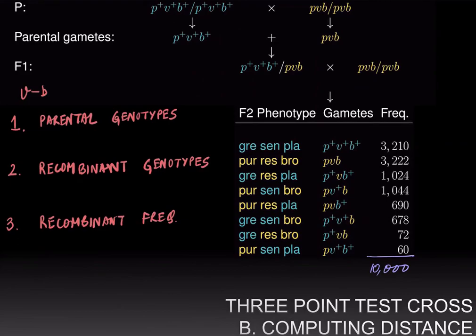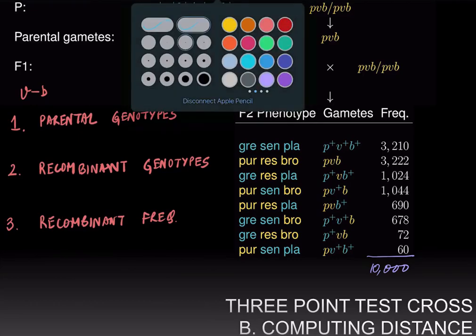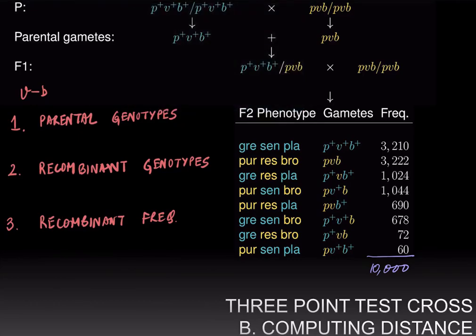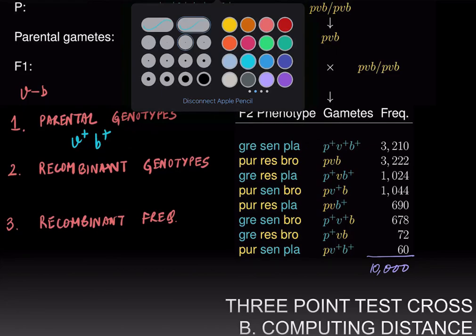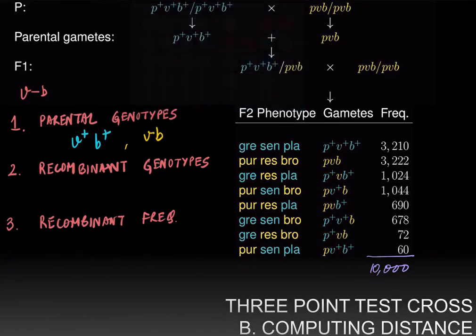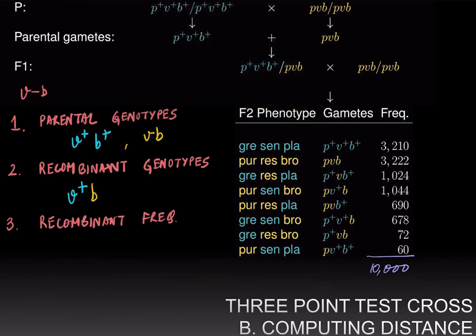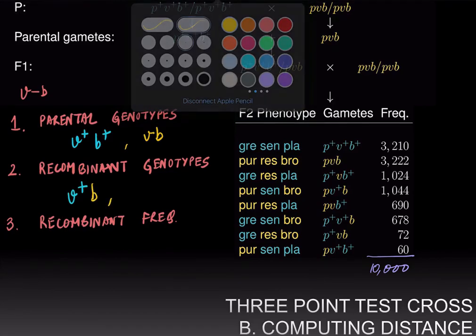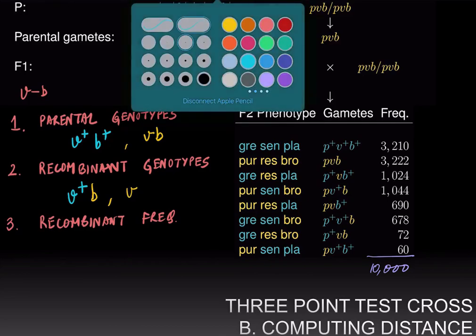Next, let's repeat this calculation for V and B. And the first step, as before, is to write down the parental genotypes, which are V plus B plus and VB. Therefore, the recombinant genotypes are going to be V plus B and VB plus.